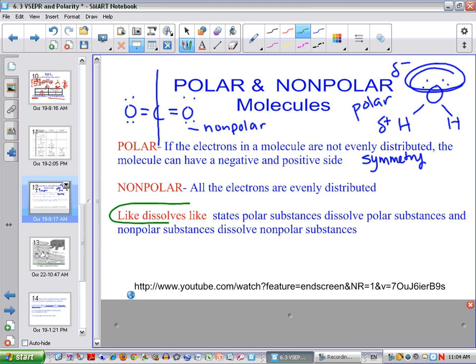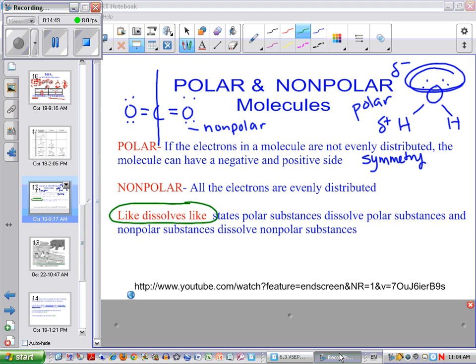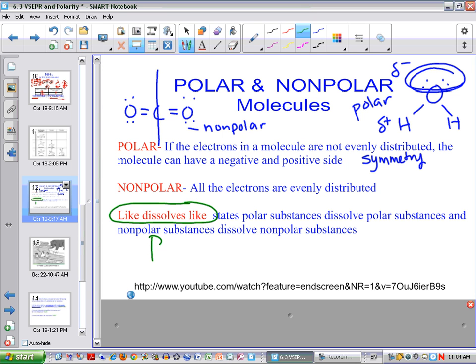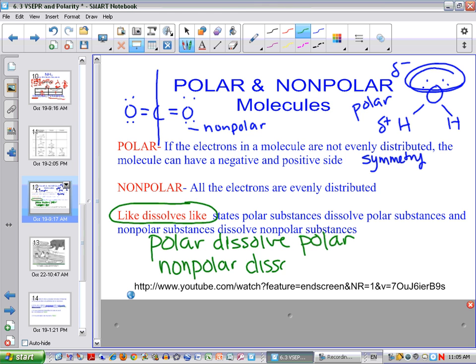And that saying is like dissolves like. So what this is telling you is if you have a polar substance, it will dissolve a polar substance. And if you have a nonpolar substance, it will dissolve nonpolar substances.